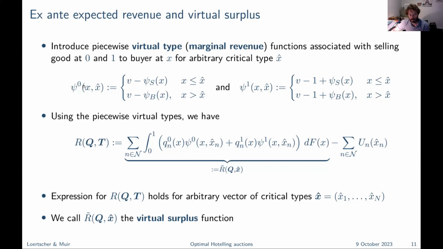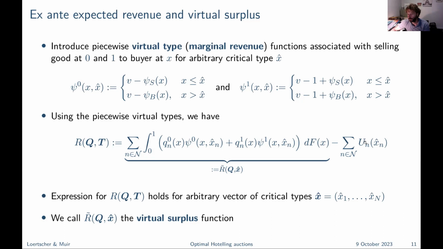Okay, once you use these two virtual type functions, then you can write the revenue that you're going to get from a mechanism consisting of the allocation rule Q and the transfer rule T. This becomes this formula here. And so very similarly to what occurs in the optimal partnership dissolution problem that we analyzed with Cramton, Gibbons, and Klemperer, you're going to get a component of that revenue that consists only of the allocation rule and the critical types x hat.